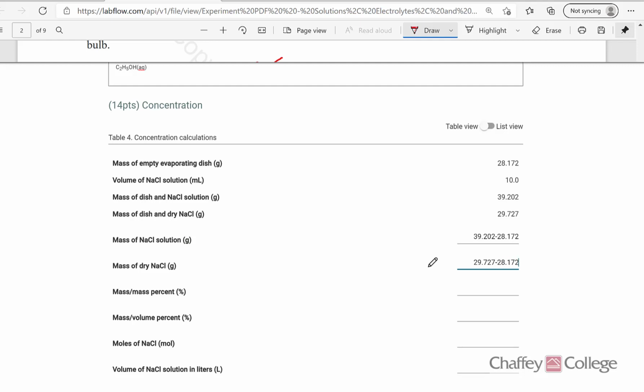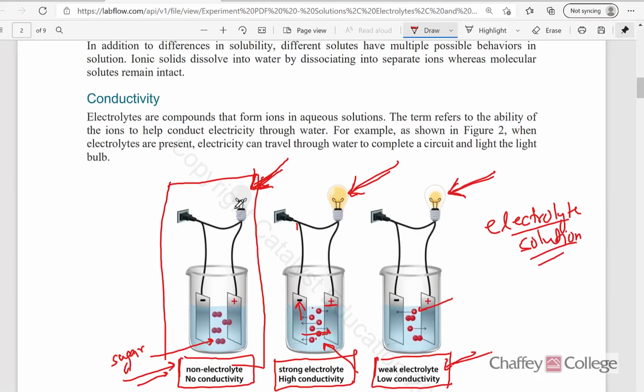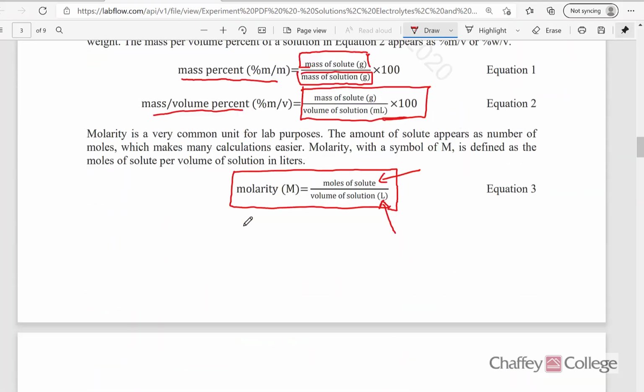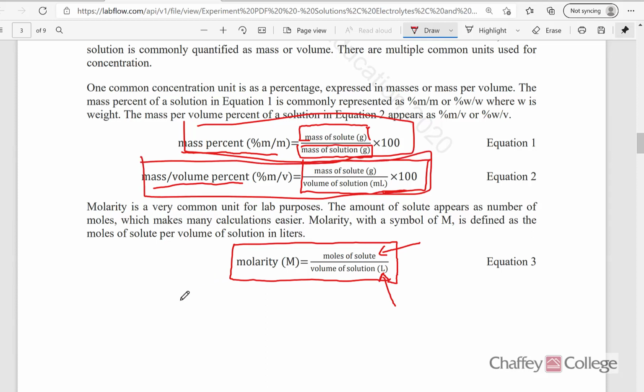That will give us the mass of dry NaCl, and then calculate the mass over mass percent, the formula we discussed in the procedure or PDF file. As we can see, the formula for mass over mass percent is given here, the mass over volume percent formula is given, and then molarity is given. So we will use these three formulas to calculate the three different concentrations.